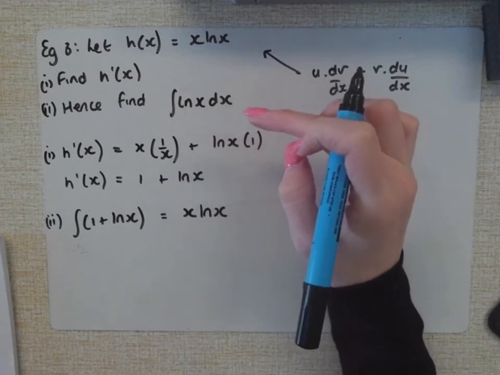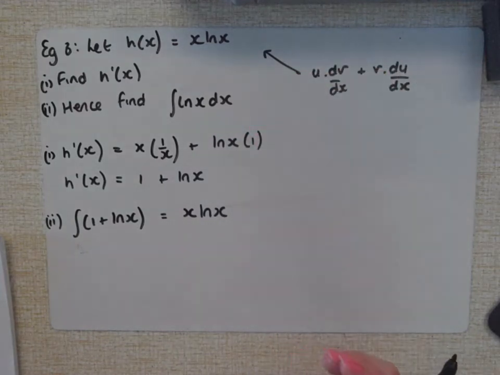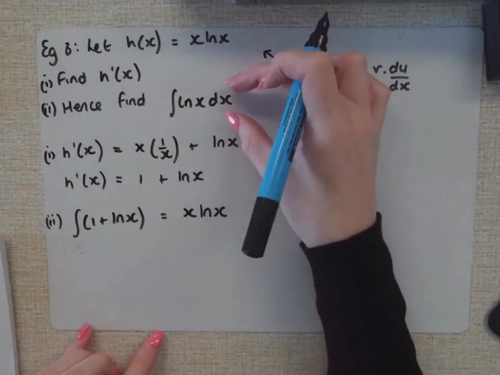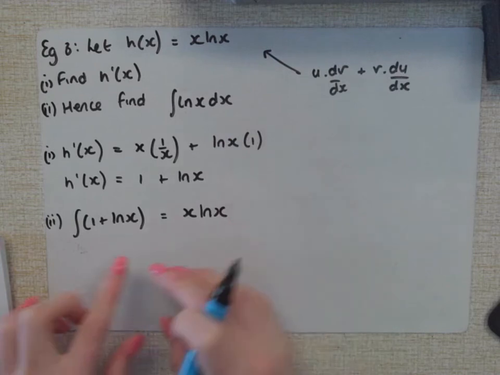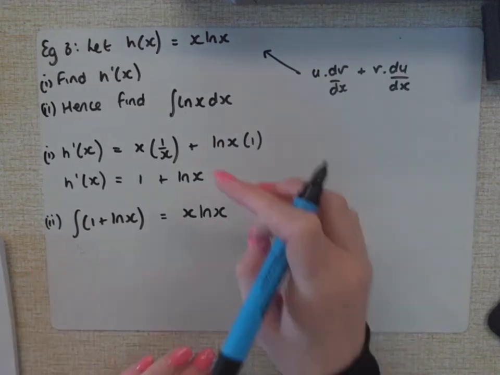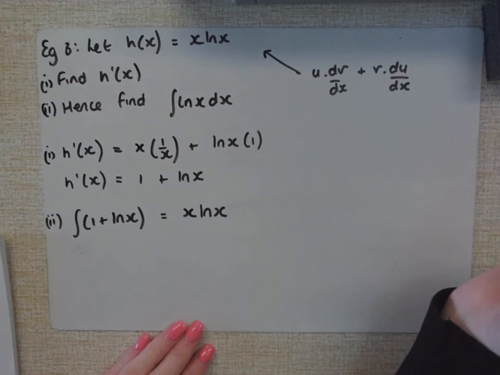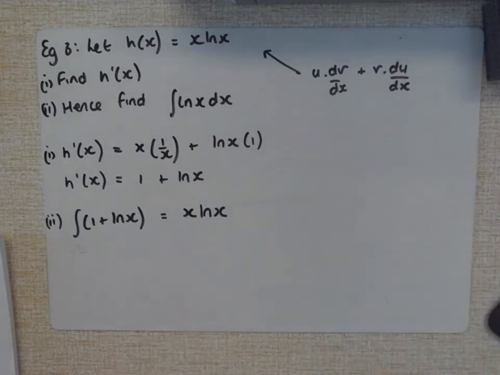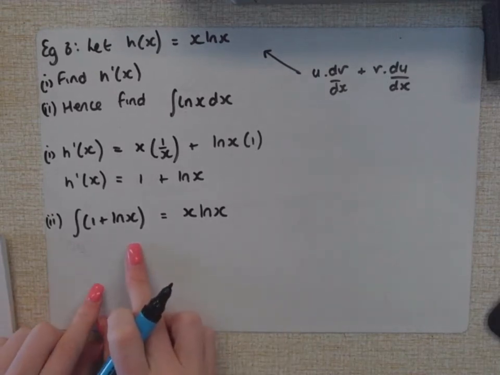Okay, this is slightly different to the other questions. The other questions, I just had to write down my function. But in this case, I know that when I integrate this, I get back to my function, and I'm going to manipulate this a little bit to make it look like the question. Okay? Now, I'm not interested in the integral of 1 plus ln x.